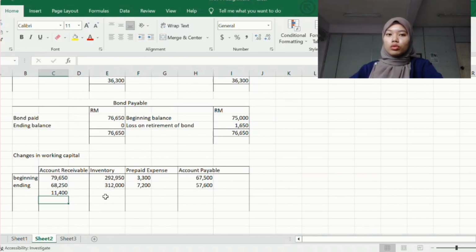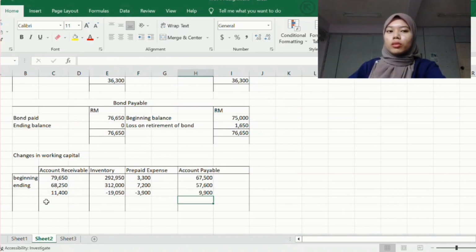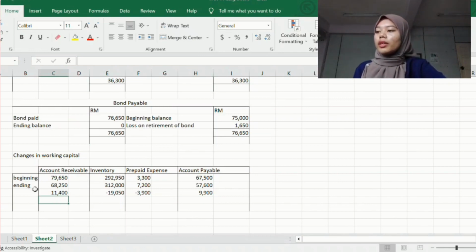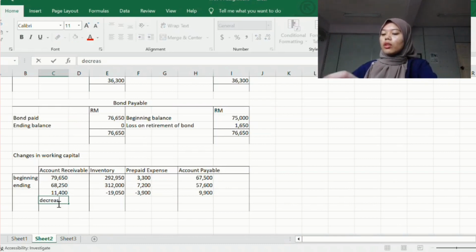For the changes in working capital, for account receivable, beginning balance minus the ending balance. We continue to do the rest of the question. In order to know whether it is a decrease or increase, we compare the ending and the beginning. For the account receivable, we notice that the ending is less than the beginning, so we got a decrease in account receivable, so it is an inflow.